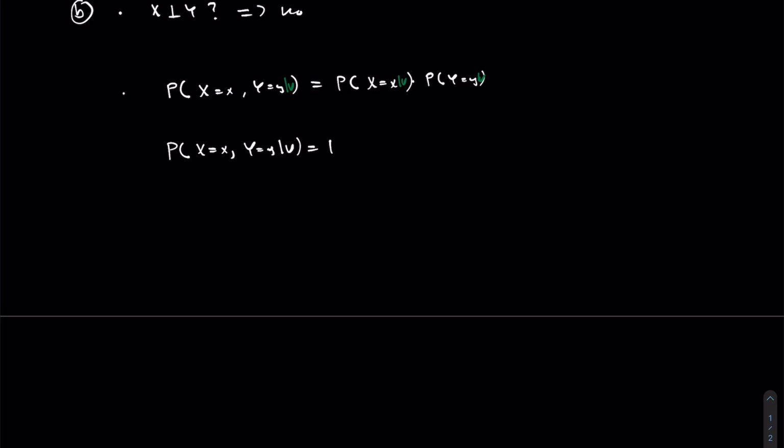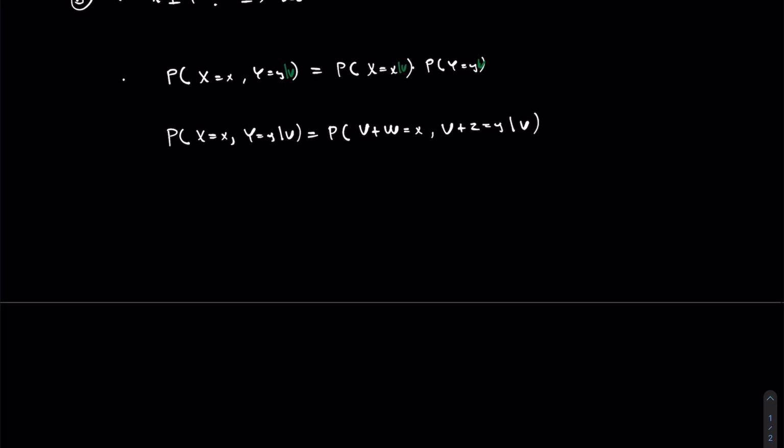So let's write, so again, X is just V plus W equals a little x, and we have Y being V plus Z equals y conditioning on V. All right, so now we know that because we condition on V, we can write this capital V as little v.